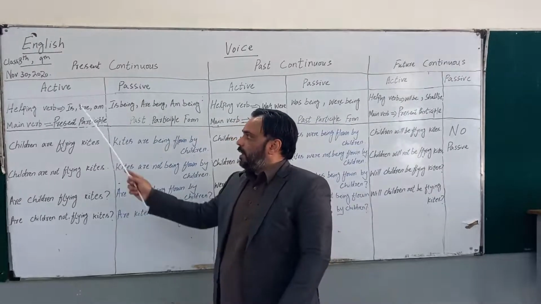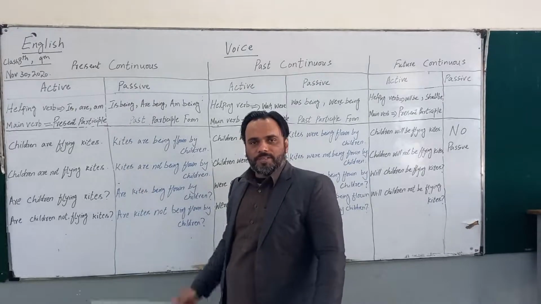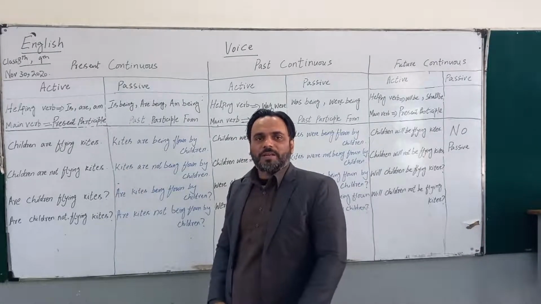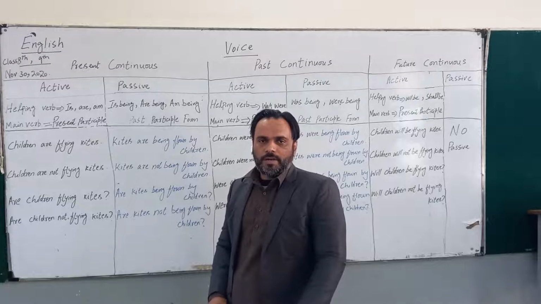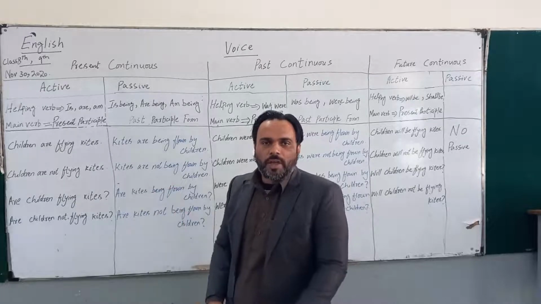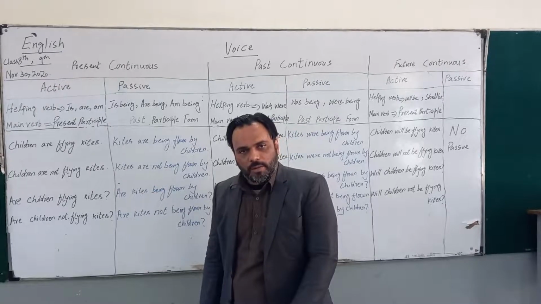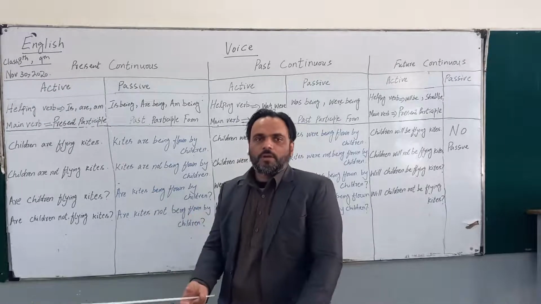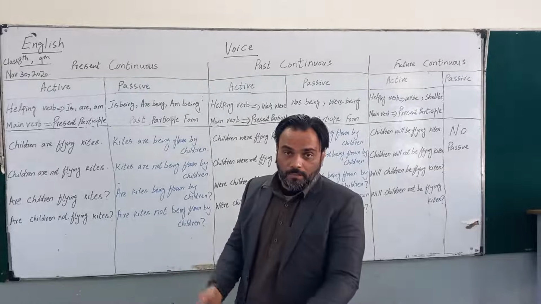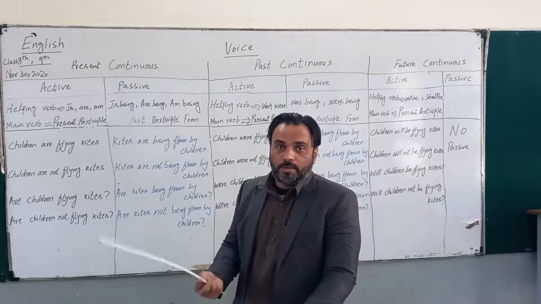As far as is, are and am are concerned, is will be used when our subject is singular, like he, she, it, or any singular name. Are is used when our subject is plural, like we, they, boys, girls, plural nouns.